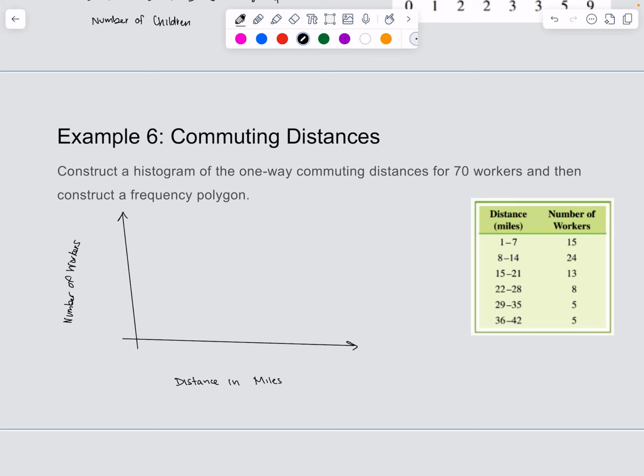I'm going to start with the number of workers: 25, 20, 15.